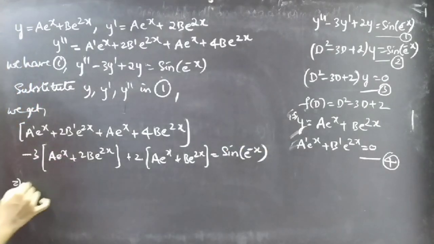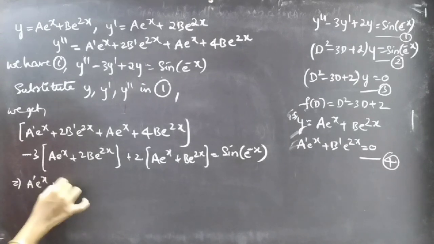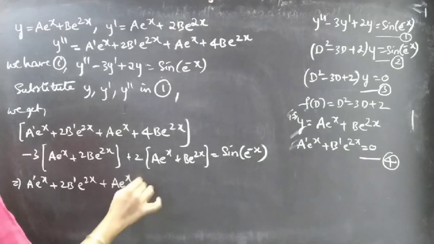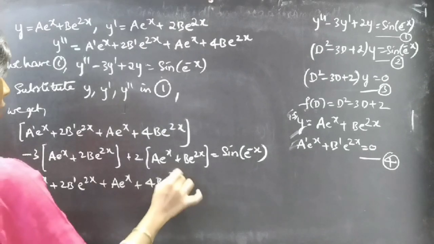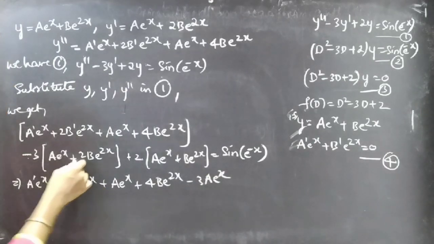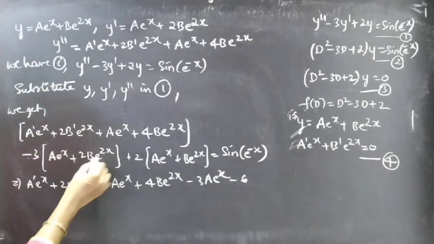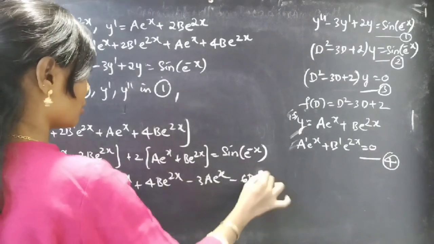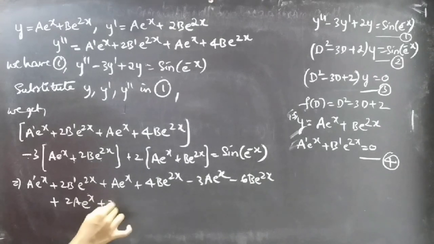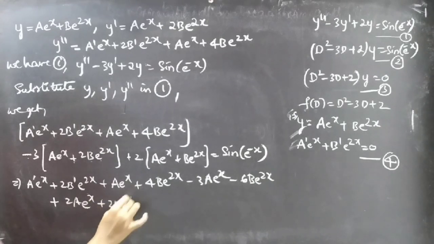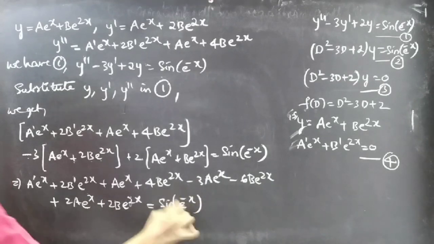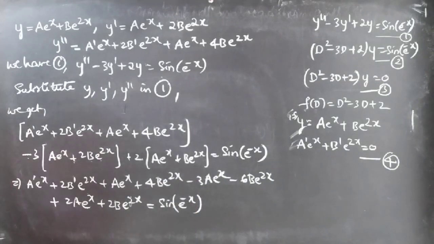This gives us a dash e power x plus 2b dash e power 2x plus a e power x plus 4b e power 2x minus 3a e power x minus 6b e power 2x plus 2a e power x plus 2b e power 2x equal to sine e power minus x, right?